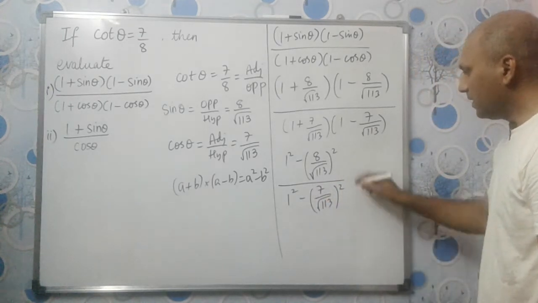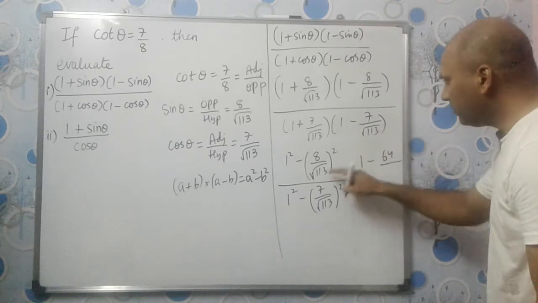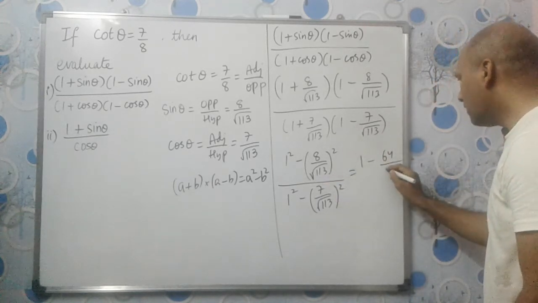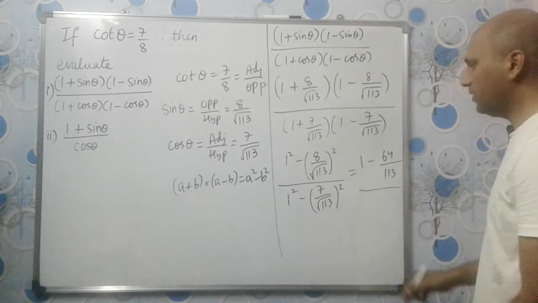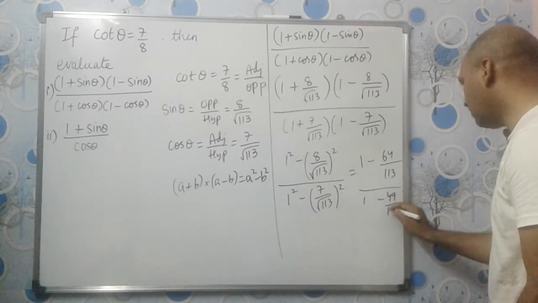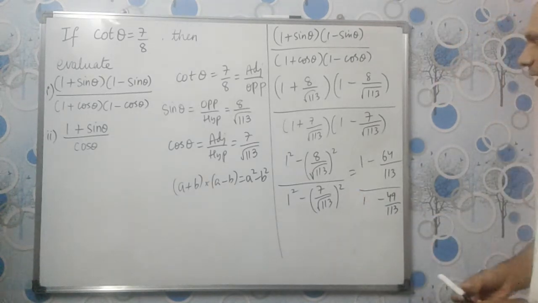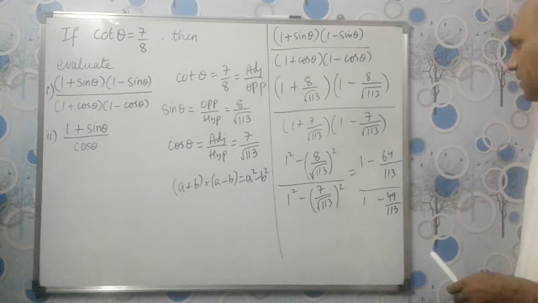So this is equal to 1 minus 8 square, which is 64, divided by root 113 square, which is 113, divided by 1 minus 7 square, 49, divided by root 113 square, 113. I hope you understood till here.